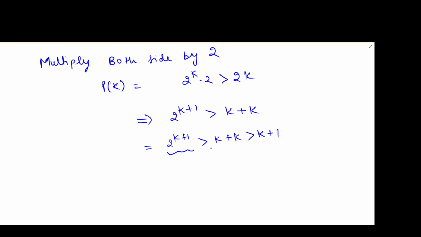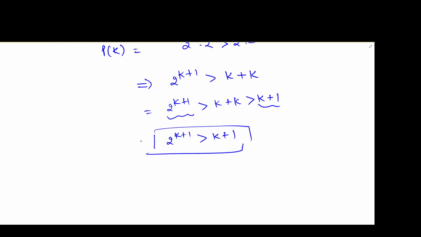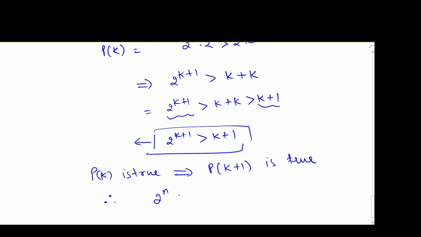Hence we can write 2 to the power k plus 1 is greater than k plus 1. So if Pk is true, then Pk plus 1 is true. Therefore 2 to the power n greater than n is true for all values of n.